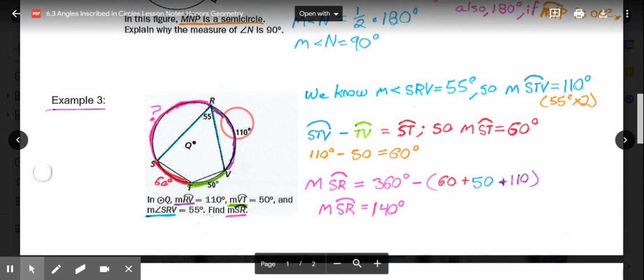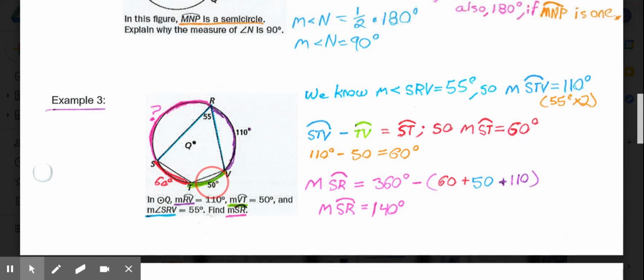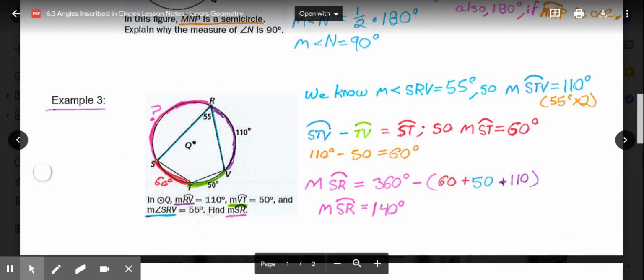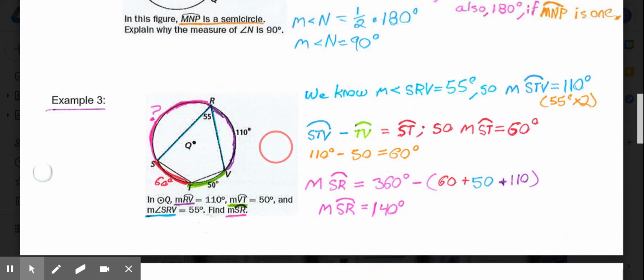So now I know 110 degrees, 50 degrees, and 60. Arc SR makes up the rest of that circle. So we can simply do 360 degrees in a circle minus these three parts to find out what SR's measure is. 360 minus these three added up, which is 220, gives us the measure of arc SR as 140 degrees.